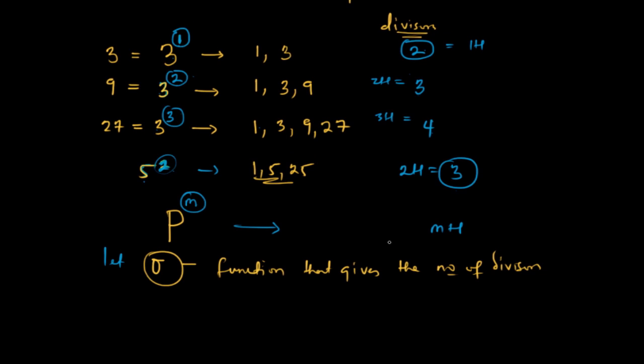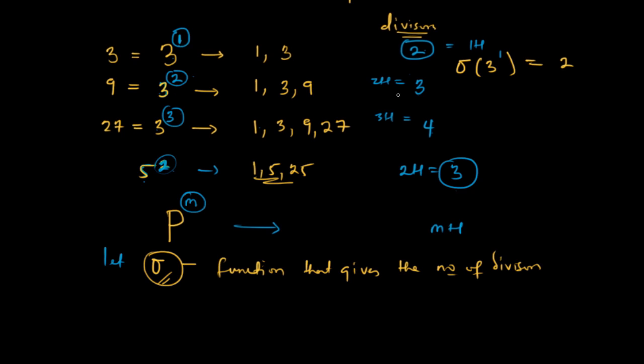So what do I mean here? For example, for 3 to the power 1, if you're told to find the number of divisors, using this formula, sigma of 3 to the power 1 is just going to be 1 plus 1, which is 2, right?